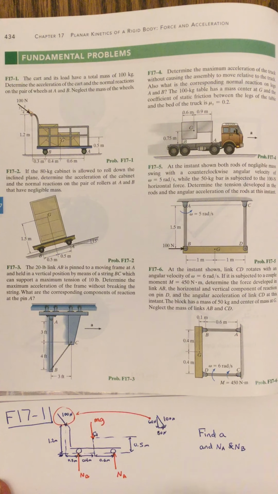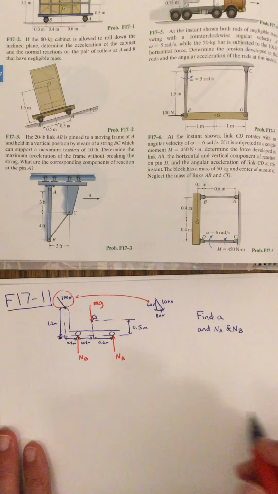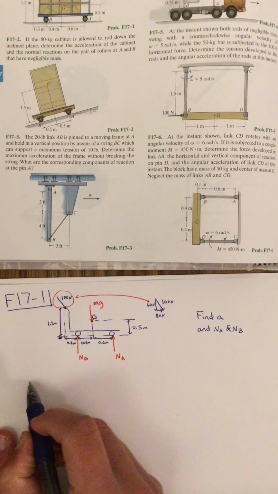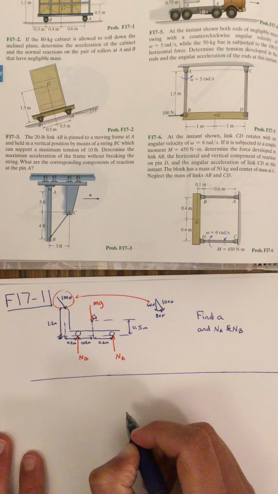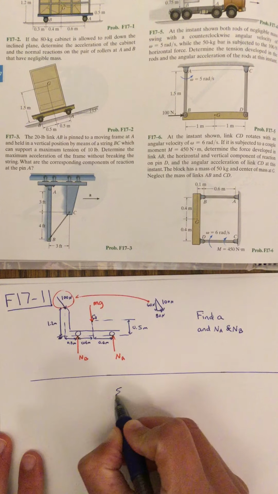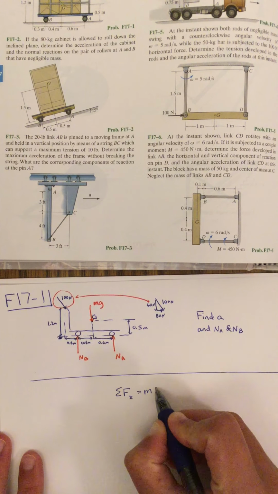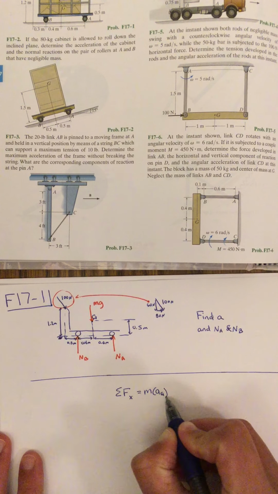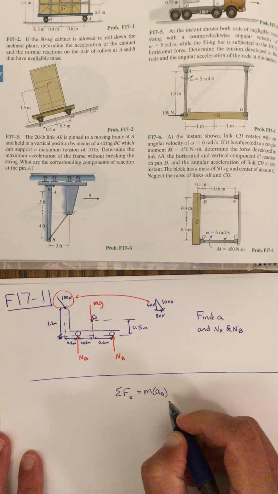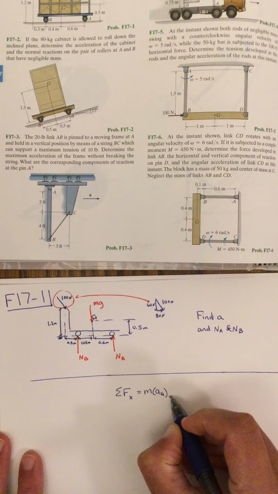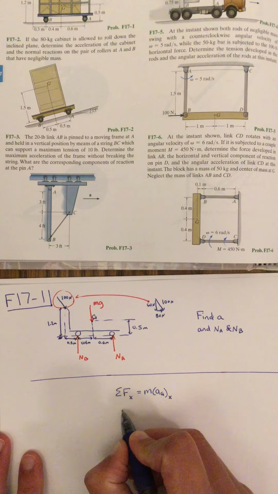Okay, so we want to find the acceleration and we want to find the normal reactions. So we have 3 equations we're going to use to do this. We have Newton's second law applied in the x direction, so the sum of the forces in the x direction is equal to the mass times the acceleration of the center of mass in the x direction.